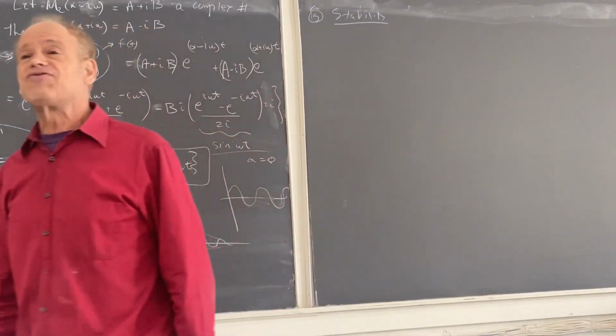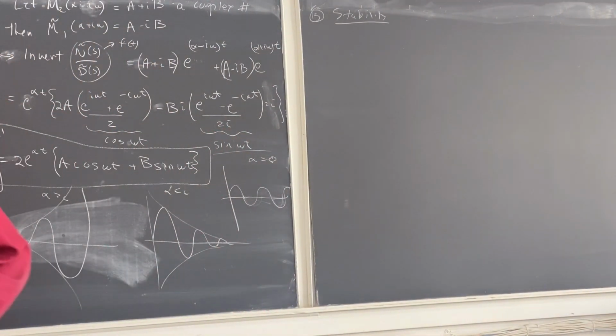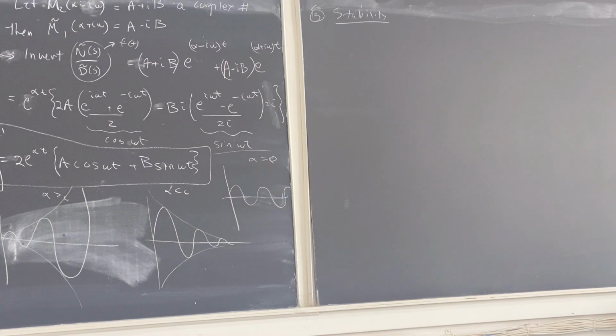And we can classify systems. Now, by the way, notice what we've done here is once we have factored the denominator d tilde of s, we've got its simple roots, its multiple roots, its simple real roots, its multiple real roots, and its complex roots. I haven't done its multiple complex roots.